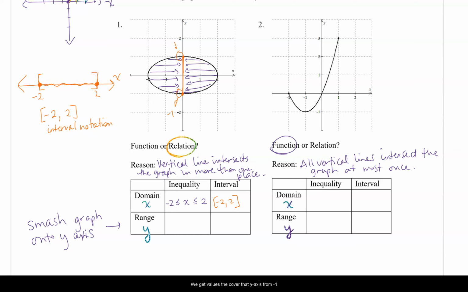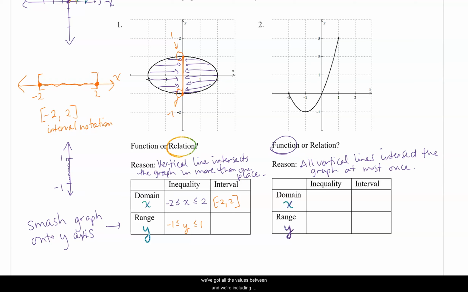from -1 to +1. So again, just like we did for the x, we can write an inequality from -1 to +1. This time, instead of using x, I'm going to use y, since we are on the y-axis. And then similarly, we can also create that same interval notation, with 1 and -1.